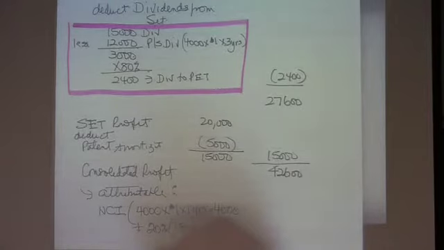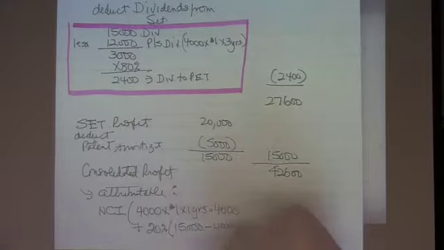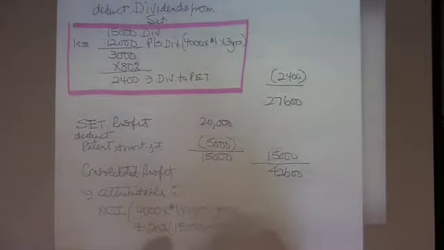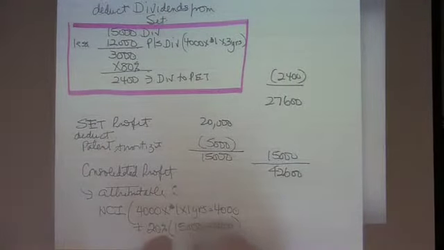So the profit is 15 minus the 4. So that gives us 11,000.